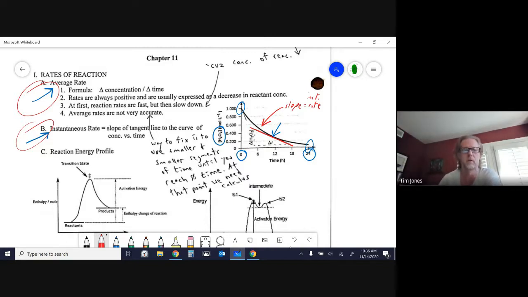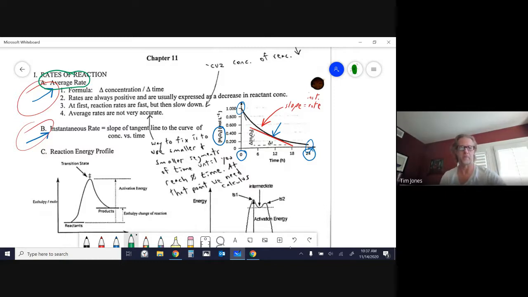And so you could use calculus to solve problems like this for the instantaneous rate, but we're not going to use that in this class. I just like to mention that this is where things like that are useful. We are mainly going to focus on average rates. So we'll just be looking at what's the rate over a certain period of time. We will not be concerned about instantaneous rate under normal situations.